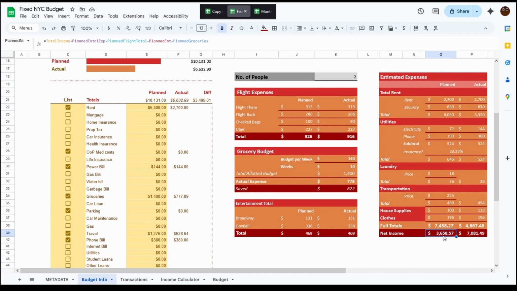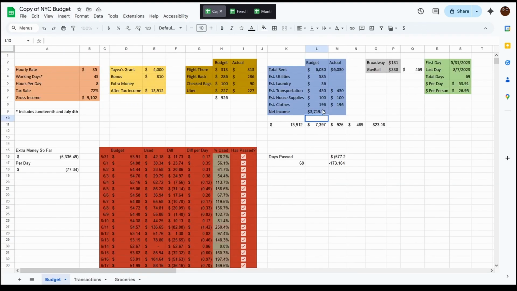I'm about $60 off. So at the end, about $260 worth of weirdness, and that's it. Including like the extra type of things going on with the full totals and stuff like that. So that was one of the biggest problems.